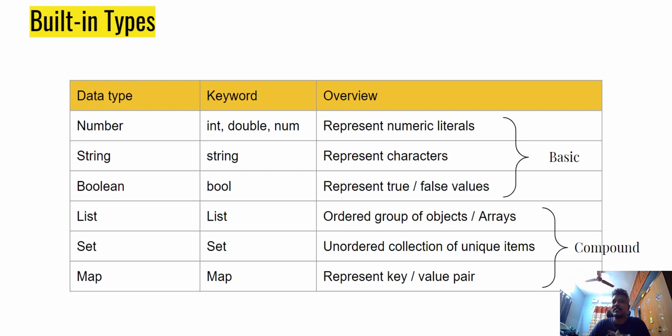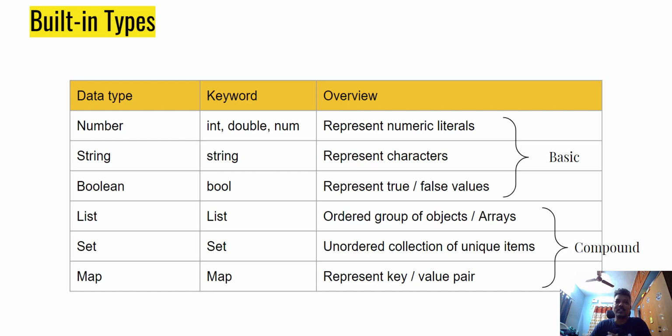To handle string manipulation and all those things, we can use this data type in our Dart program. And the next one is Boolean. Boolean is mainly for true or false Boolean values, and this is basically handled by the bool keyword. And these are the three basic data types available in the Dart language.